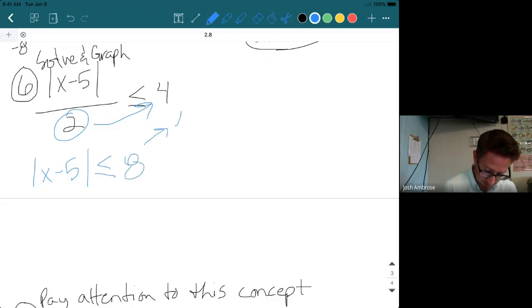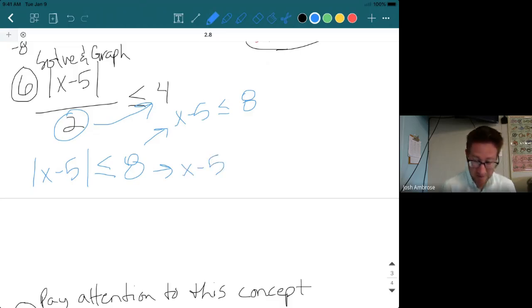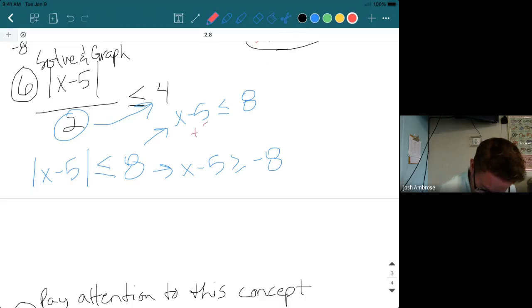Rewrite that. X minus 5 less than or equal to 8. Now, x minus 5, flip the inequality and do the opposite of positive 8. So greater than or equal to negative 8. All right. Let's solve. Add 5.